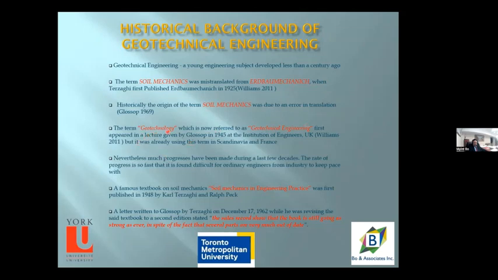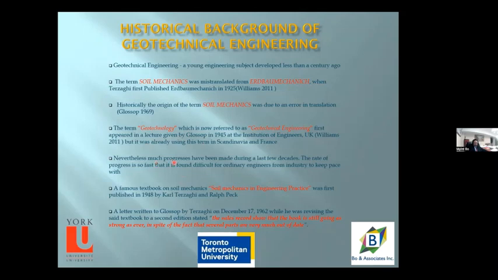The term geotechnology, which is now referred to as geotechnical engineering, first appeared in a lecture given by Glossop about 80 years ago in 1945 at the Institution of Civil Engineers, UK. But at the time, this terminology was already being used in Scandinavia, France, and Europe.